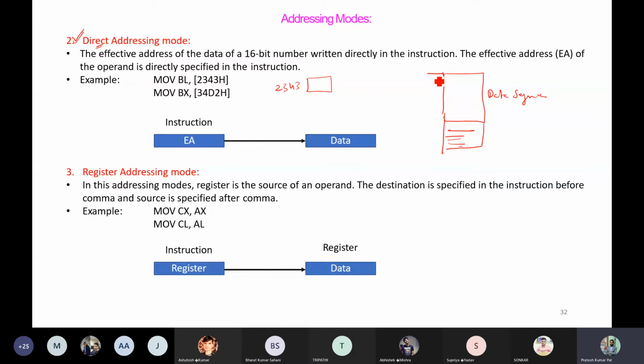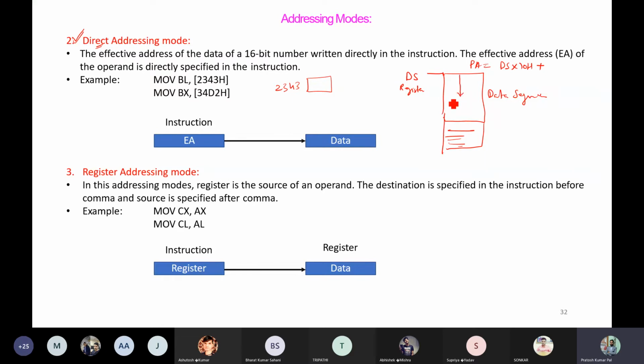So the data segment register will have the starting address of this. The physical address will be calculated as data segment multiplied by 10h plus the location in the data segment, which is 2343. So this 2343 is the offset, or we call it the effective address.